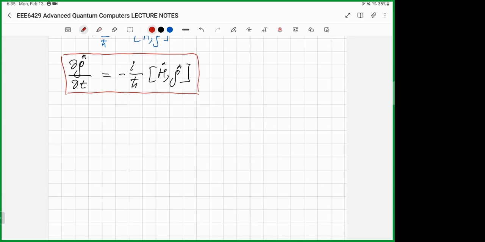And this is the very well known von Neumann equation. Very important one for quantum theory.